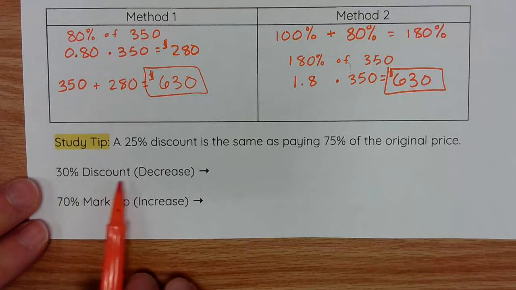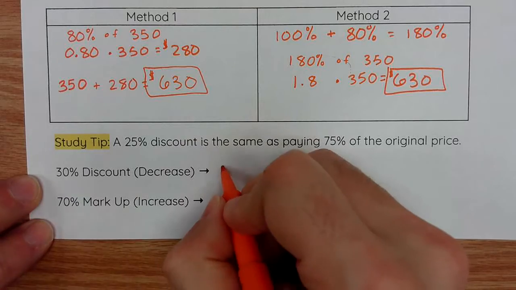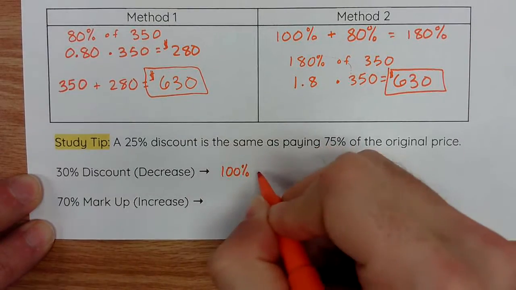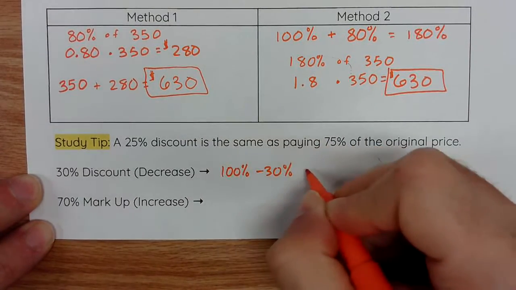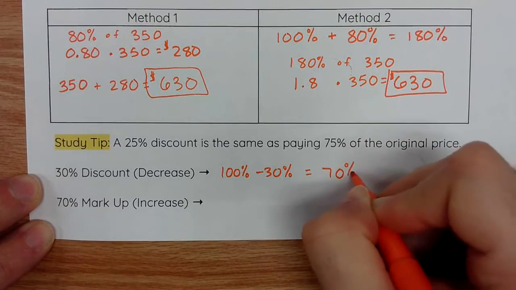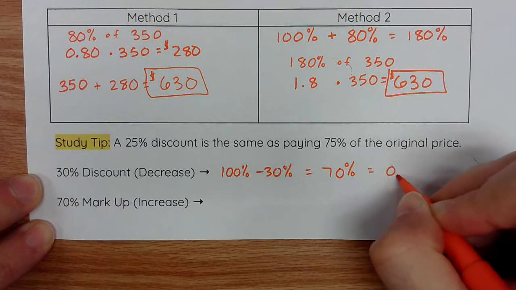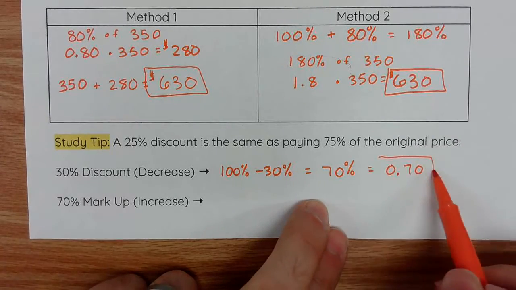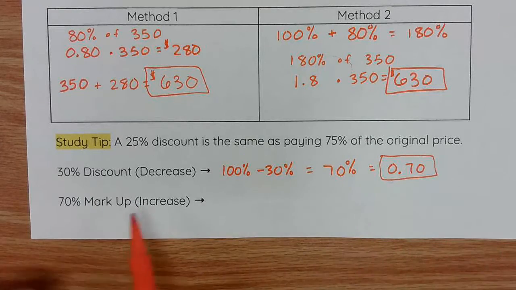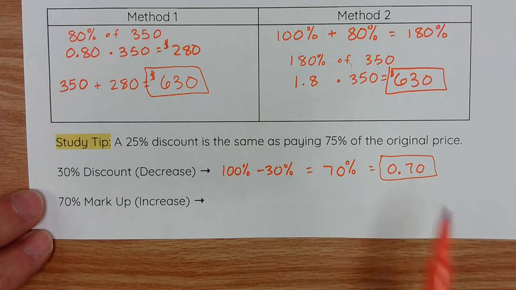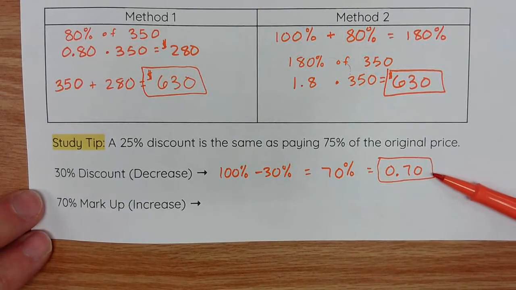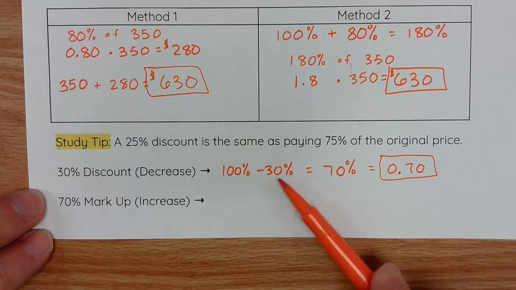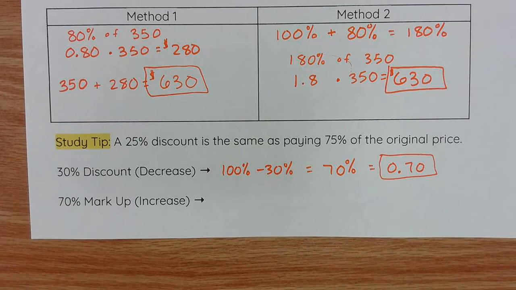So if we had a 30% discount, we would do 100% minus 30%, giving us 70% as a multiplier of 0.70. Because this is mental math, getting from this value to this value, that's fine. We don't have to explicitly show these subtractions from 100. That's why I like method 2, that we don't have to show that type of work.